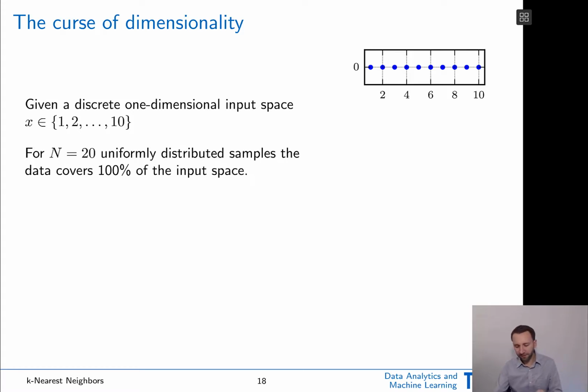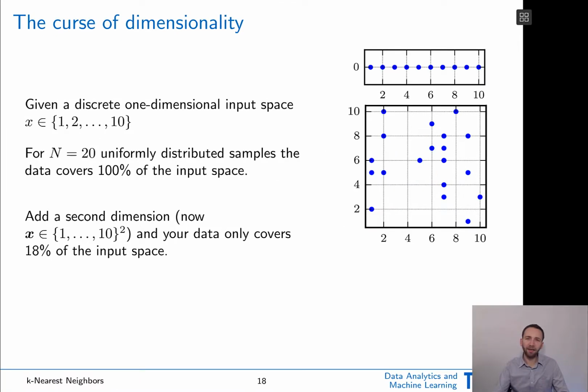For example, if you have n equal to 20 uniform samples, most likely you will cover every possible position, because you have about 10 different choices and 20 training instances. Of course, it can happen that some get 3 and some stay empty, but it's very likely that you can cover the full space.